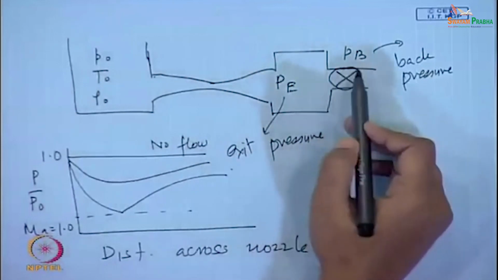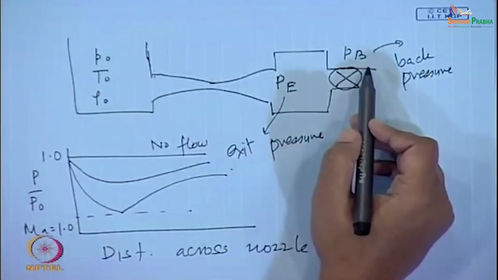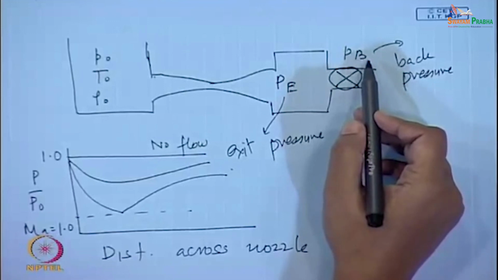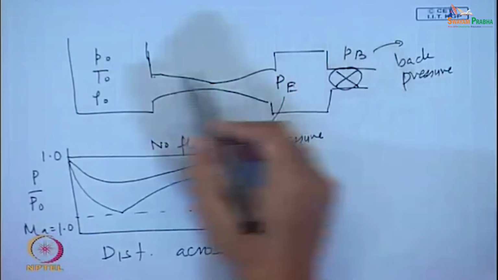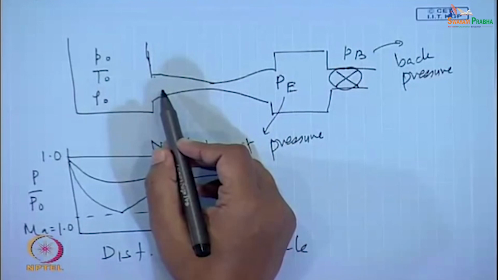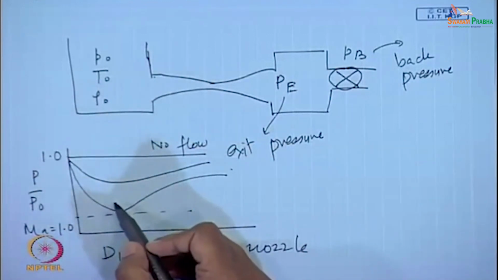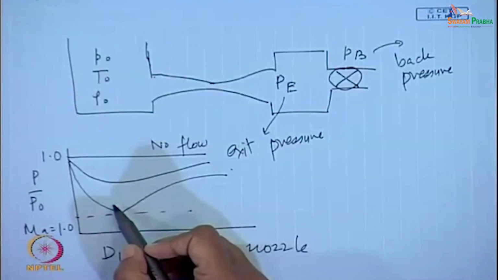Now, if we keep on reducing the back pressure slightly more, what happens? Upstream the flow is not affected; it remains the same, it does not respond.